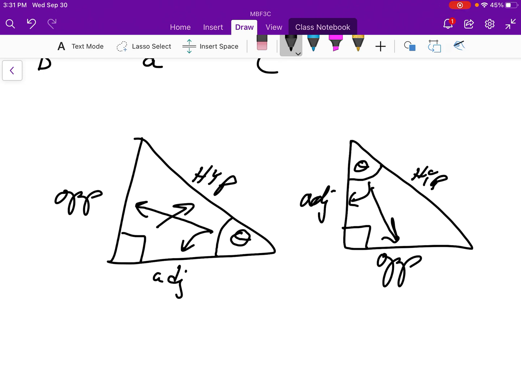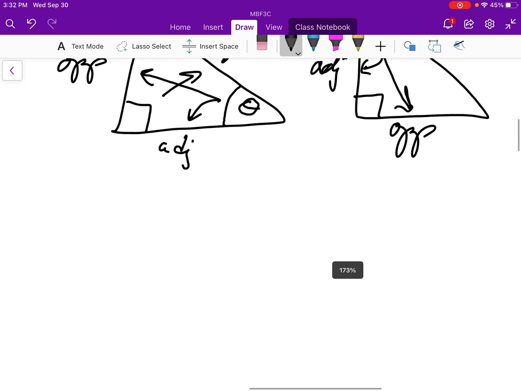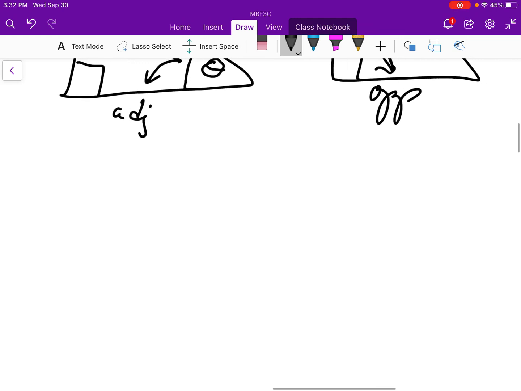We're going to be using that when we start talking about the sine, cos, and tan of a specific angle. The side length names change depending on what angle you're looking at.